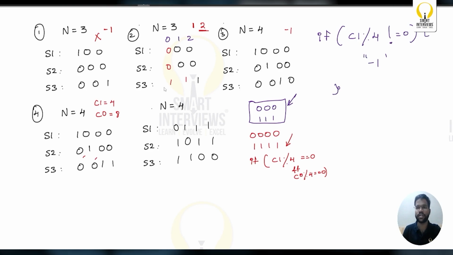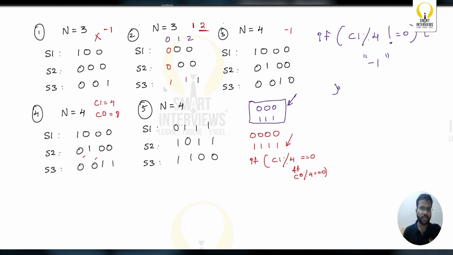No need to check for the minimum number of operations. It's impossible, right? So we have figured out when to print -1. Now let us continue. For test case 5, how many minimum operations will it take?